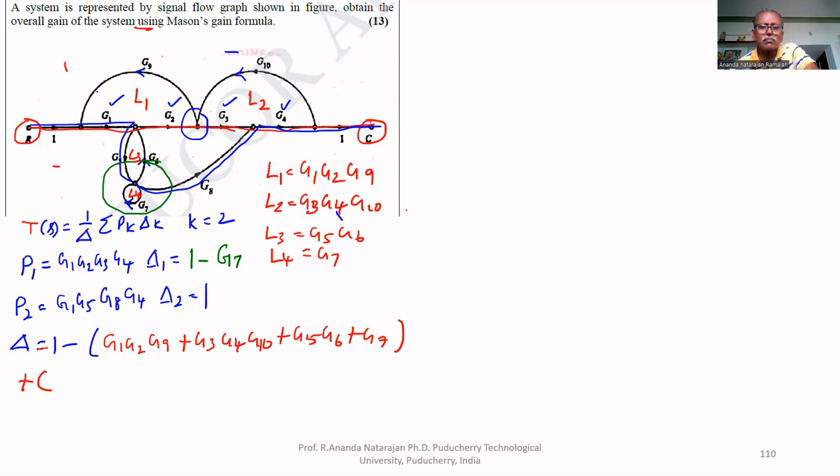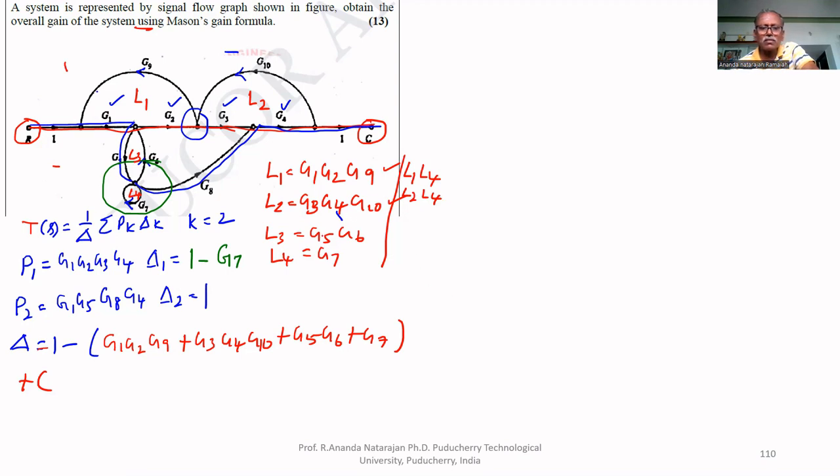G7 is... L1 doesn't consist of G7, L2 also doesn't consist, L3 also doesn't consist, but they are touching each other. Therefore, non-touching loops are L1, L4; L2, L4; and L2 and L3 also, there is no common gains.